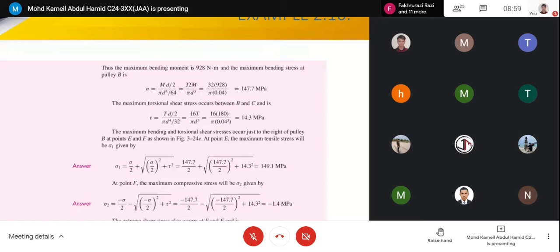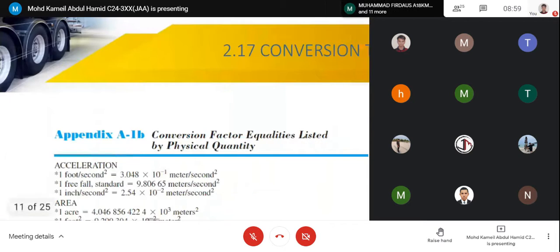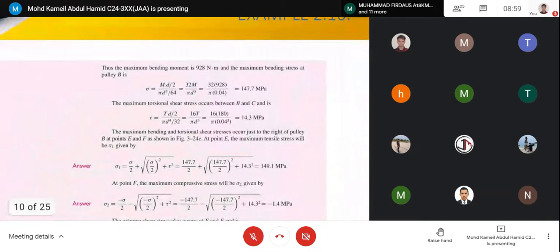So sigma bending is equal to 32M over pi d cubed. That comes from Mc over I, where c is d over 2 and I is pi d to the power 4 over 64, so you can just use 32M over pi d cubed right away.